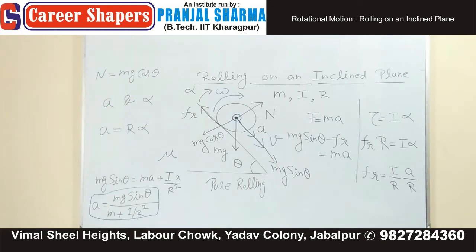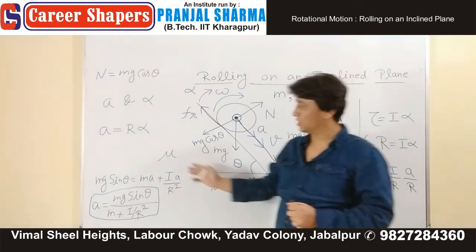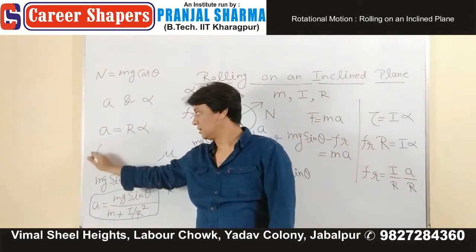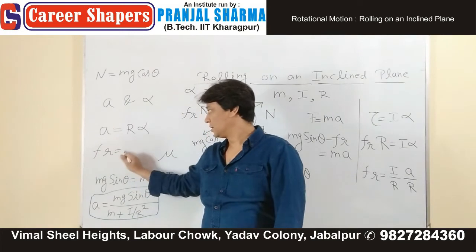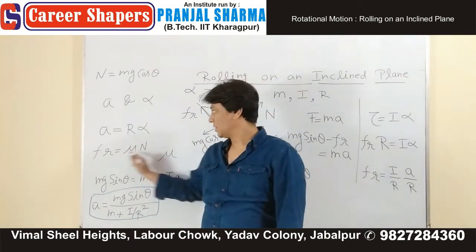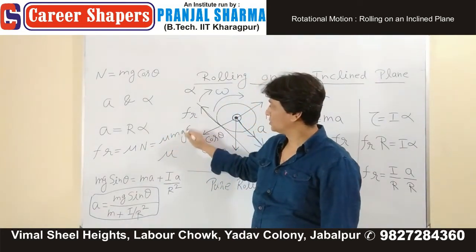Well, all the answers which I have got so far are not correct. I deliberately said mu so that everyone would answer that Fr is mu N, and therefore Fr is mu mg cos theta.